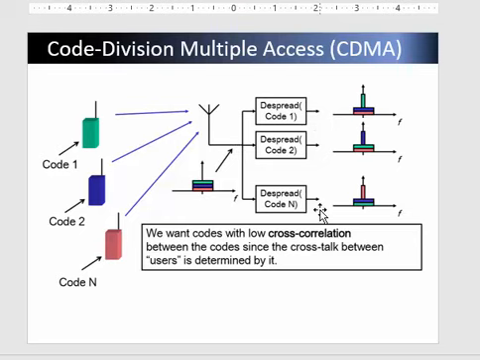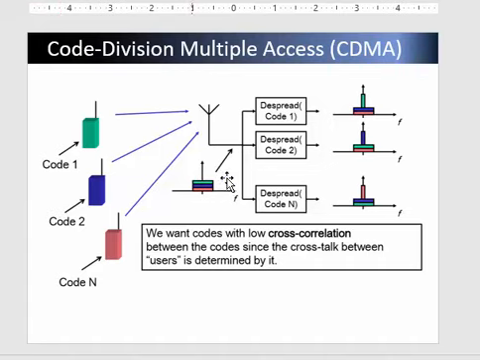At the receiver side, where there are multiple receivers, the first receiver can receive the same message that is sent by sender one. The second receiver will receive the same data as transmitted by sender 2, and so on and so forth.